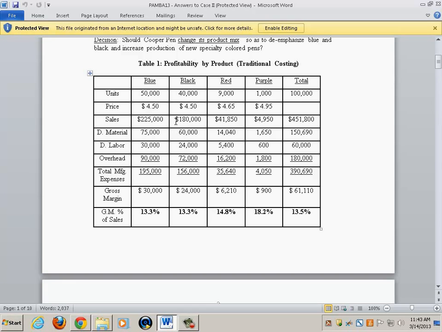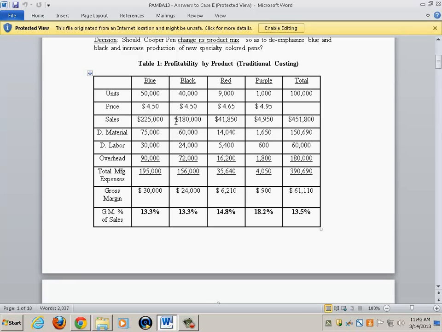So, a better way of producing. You produce very small batches because they sell in small volumes.